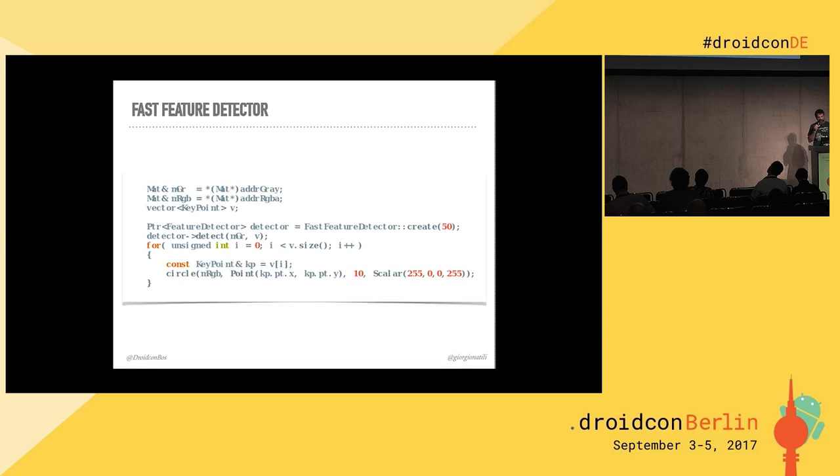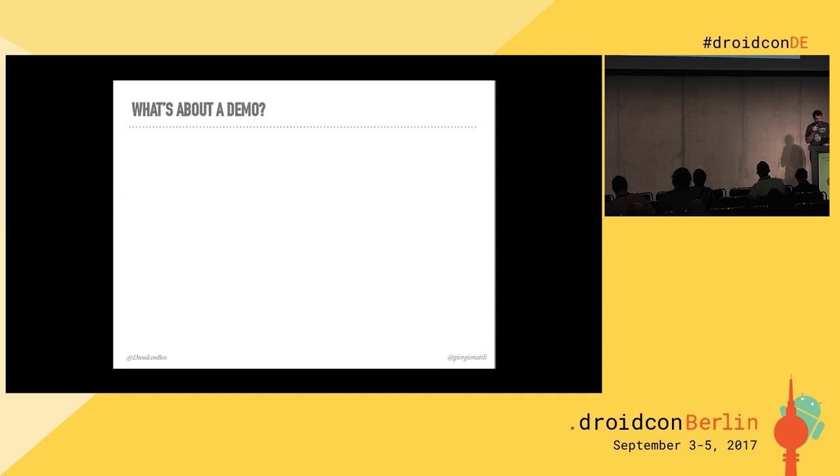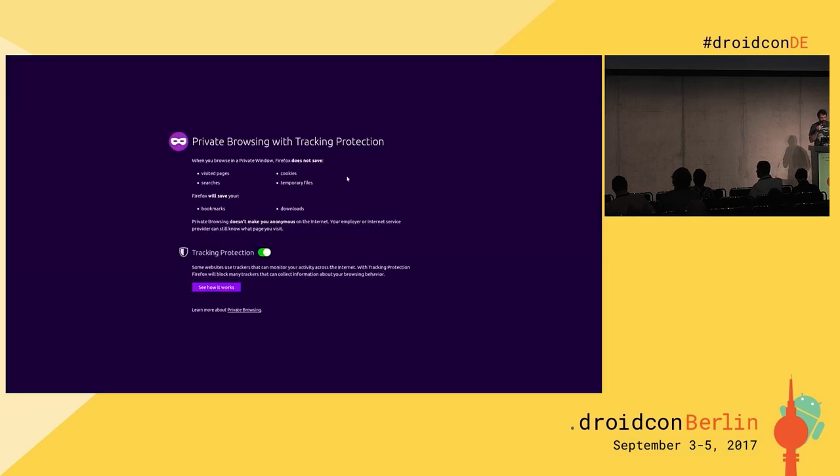This feature detector creates a 50 points descriptor, and then we simply use a for loop to draw circles on an image. Let's take a look at a demo. Maybe it's a little bit clearer.